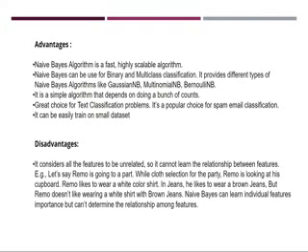Naive Bayes classifiers are a collection of classification algorithms based on Bayes theorem. It is not a single algorithm but a family of algorithms where all of them share a common principle, that is every pair of features being classified is independent of each other. Then, where can we use a Naive Bayes classifier?